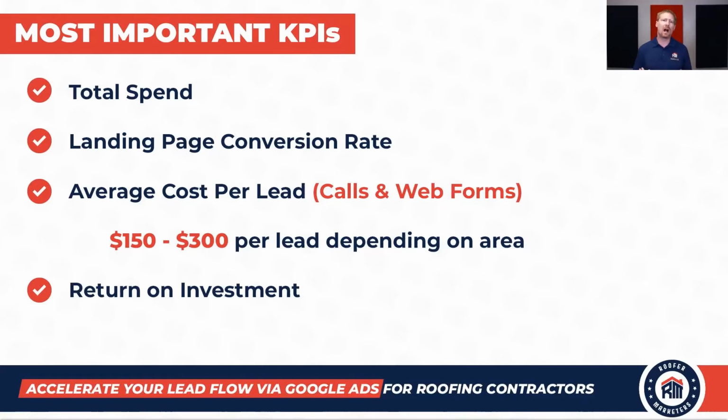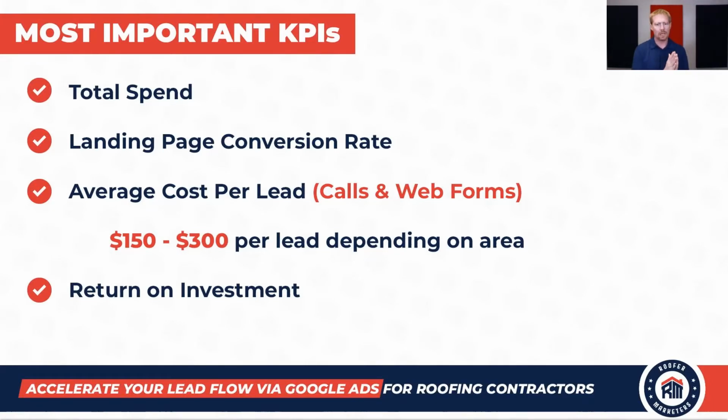In the Google auction process, it only allows you to show up in a certain amount of searches. So what we want to do is knock on as many doors as possible, which is show up in as many searches as possible, which will allow us to get enough clicks to our landing page. And we'll talk about landing page conversion rate, enough clicks to our landing page to generate enough phone calls to sustain a consistent lead flow there.